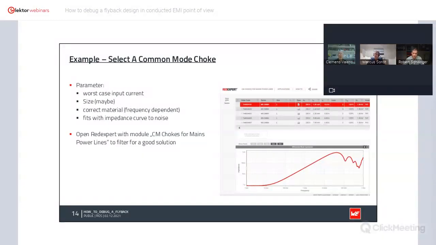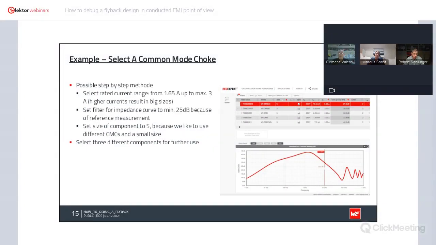That's the important thing. What we have online is the Red Expert tool. You can see a picture of it here, and you can use this tool to easily filter by the parameters I show you. I do this step by step. We have 1.65 amps maximum, so I will start at this current, 1.65.